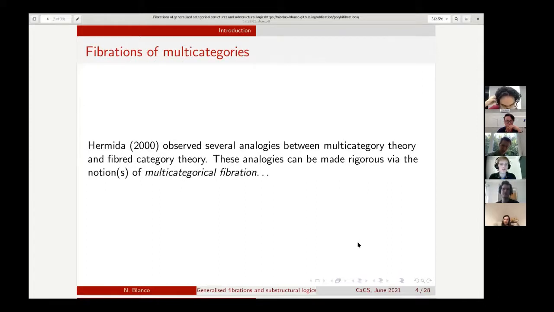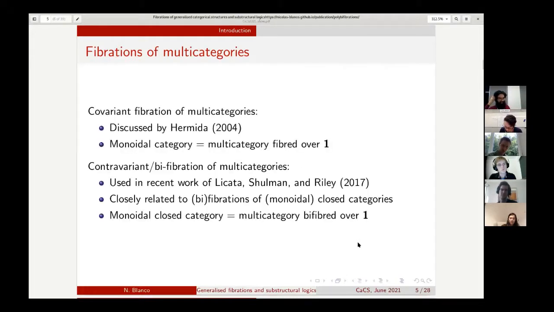Then there is another line of work that goes back to Claudio Hermida in the early 90s, where he observed that there are different analogies between multicategories and fibered categories. To make this precise, he introduced the notion of fibration of multicategories, and proved that monoidal categories are in correspondence with multicategories that are fibered over 1. So this notion of fibration lets us understand, or offers a different presentation of, monoidal categories.